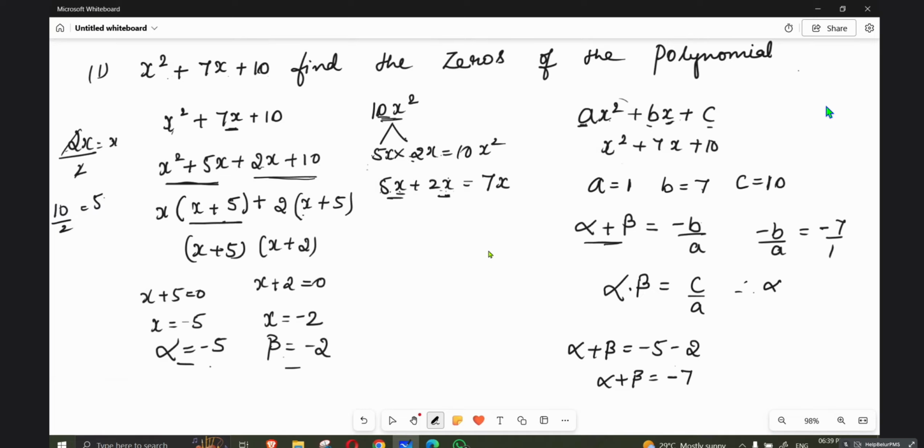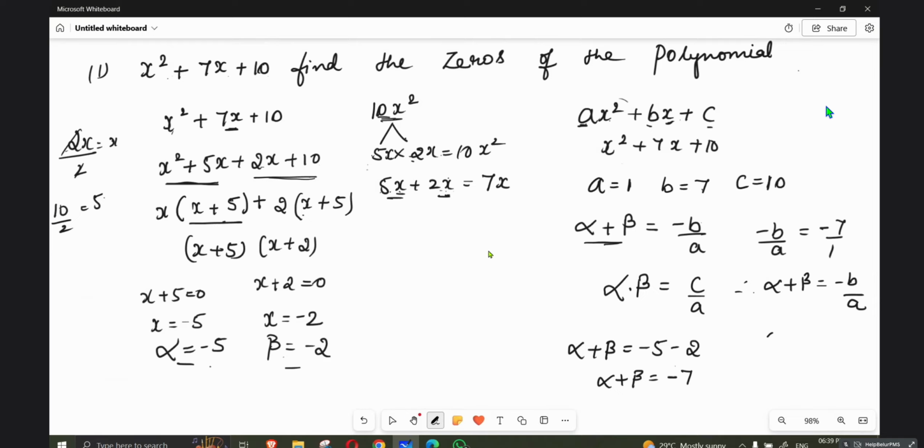Hence we got alpha plus beta equal to -b/a. And this will always be true; for every polynomial, this relation will be true. Sometimes they ask to verify. Whenever you verify and you get them equal, that means the answers alpha and beta you found are correct. That will be the verification for you.